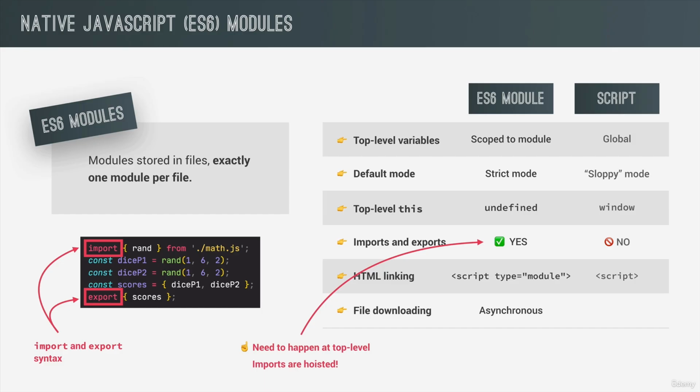Now, regular scripts, on the other hand, are downloaded by default in a blocking synchronous way, unless we use the async or defer attributes on the script tag. So that's a great overview of ES6 modules. But now let's dig a bit deeper and really understand how modules actually import other modules behind the scenes.